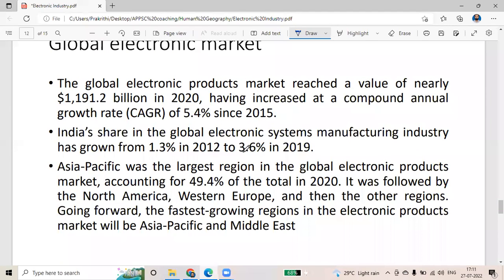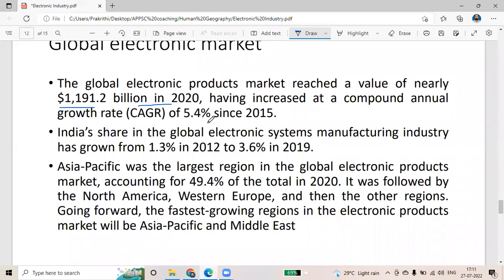The global electronic products market reached a value of $1,191.2 billion प्रोडक्शन है, तो उतना ज्यादा है. इसे इंडियन रुपया में कन्वर्ट करने से 85-90,000 बिलियन प्रोडक्शन है 2020 ओनली.